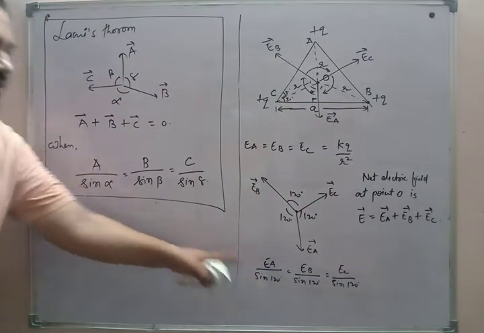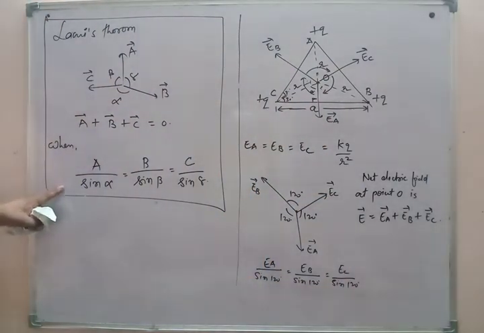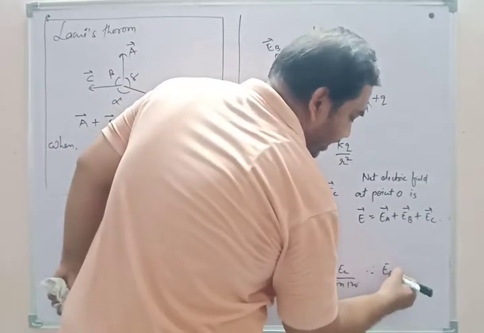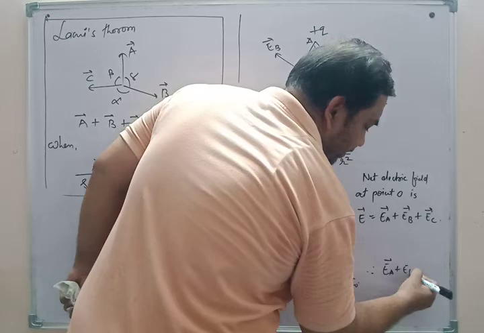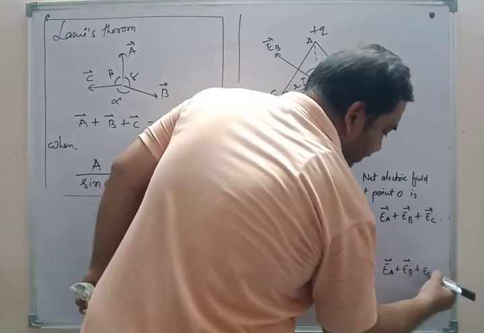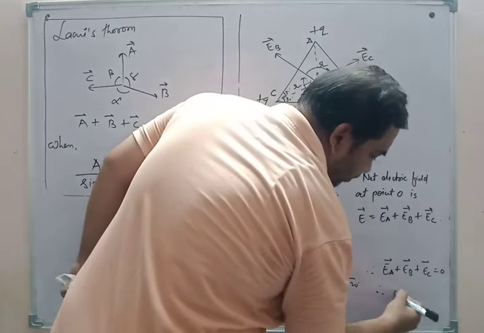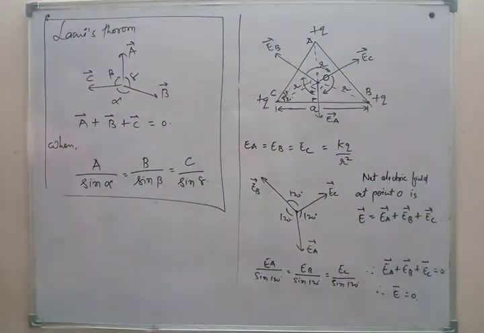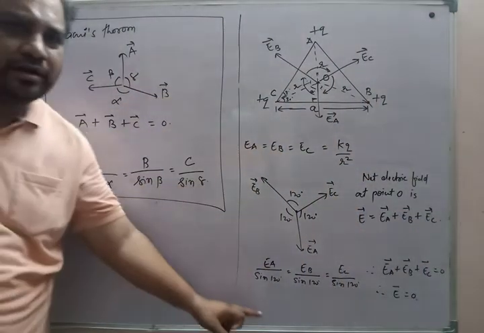So it fulfills this condition of Lami's theorem, and therefore the net electric field, that is EA plus EB plus EC, will be 0. Net electric field at center will be 0. You are getting my point?